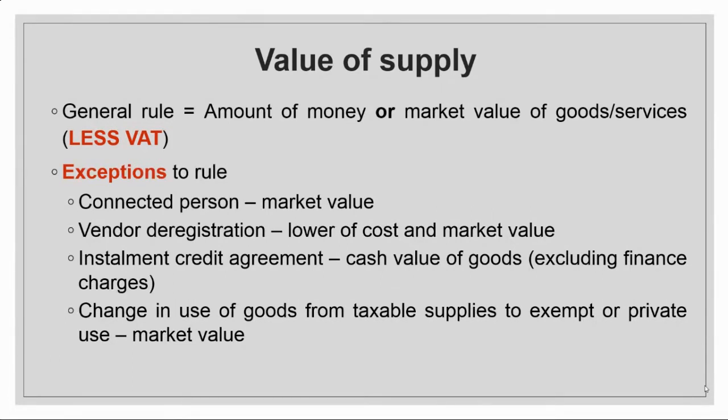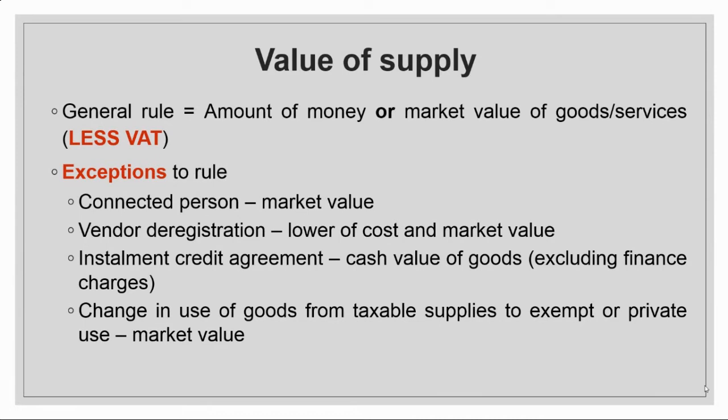Then vendor deregistration. This is when I decide I am deregistering for VAT. Then it will be the lower of the cost or the market value at that stage, and you would raise the VAT based on that amount because it is deemed that you have sold those goods on that day. Installment credit agreement is generally your cash value of the goods.